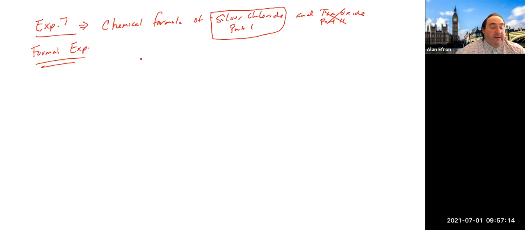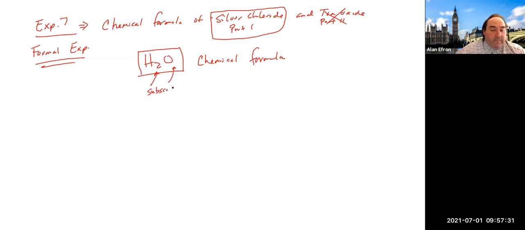And when we're trying to find a chemical formula, something like H2O is a chemical formula, right? Within a chemical formula, we have subscripts, and those subscripts tell us how many atoms of each of the elements we have.